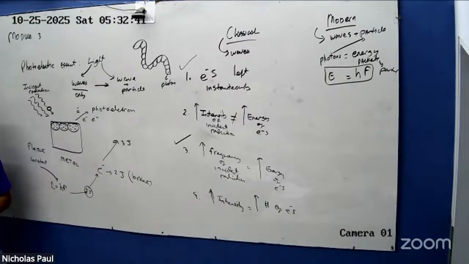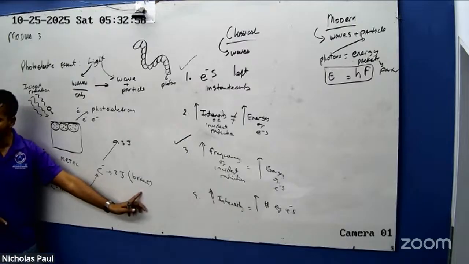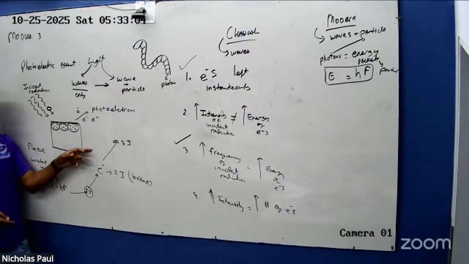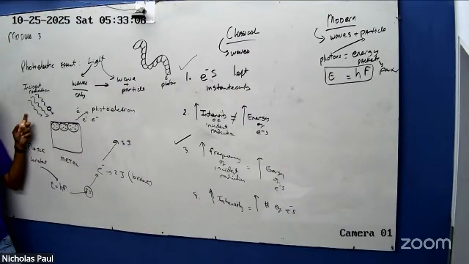Everybody okay? Last 2. Let us say I have light incident on this and it's supplying 1 joule of energy, but I need 2 joules of energy. If instead of 3, I have 4 or 5 or 6, will that change the number of electrons leaving? They come in with 1 joule of energy.